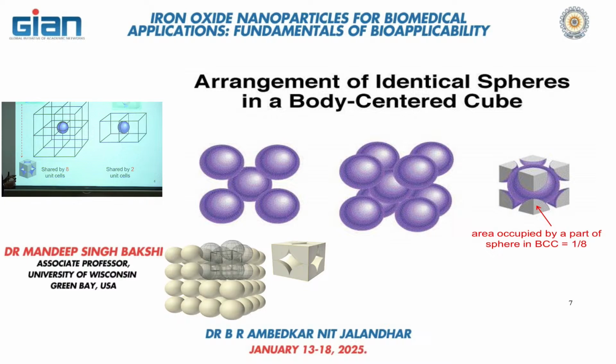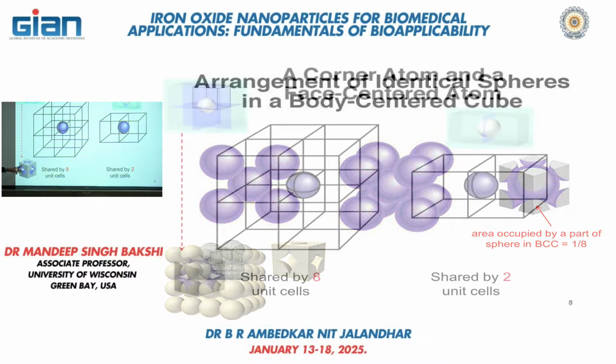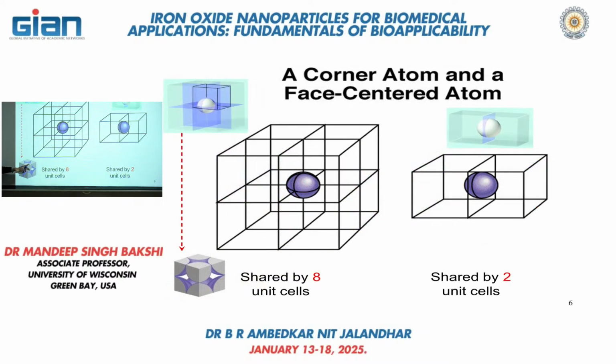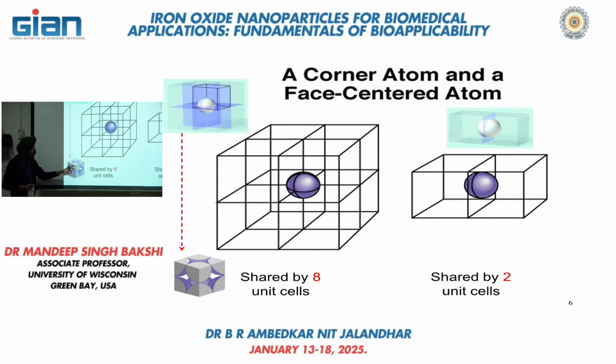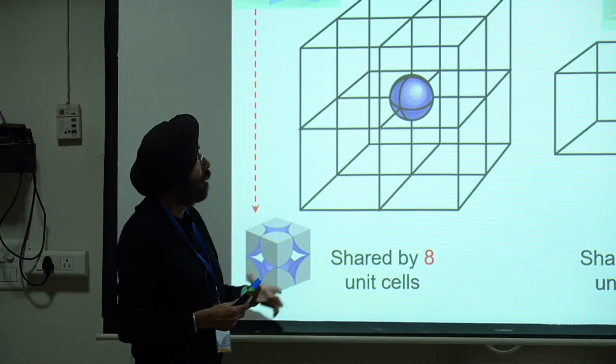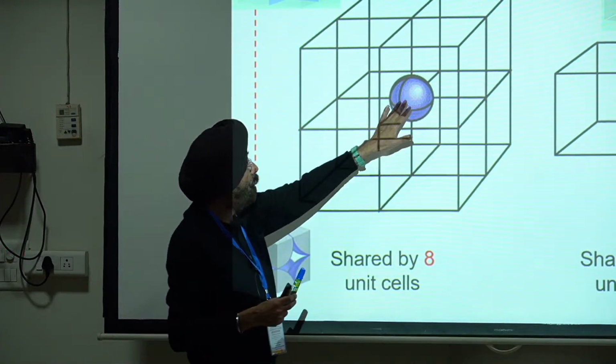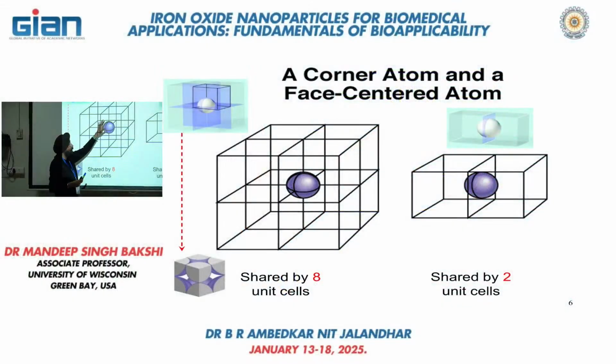Now we need to quantify how much of the surface area of one atom is included in the unit cell. That we can calculate easily by putting the atom, all the layers of atoms, in three dimensions. I have only shown one atom, but you could imagine there are atoms over here, above and below, and there are layers running above and below.